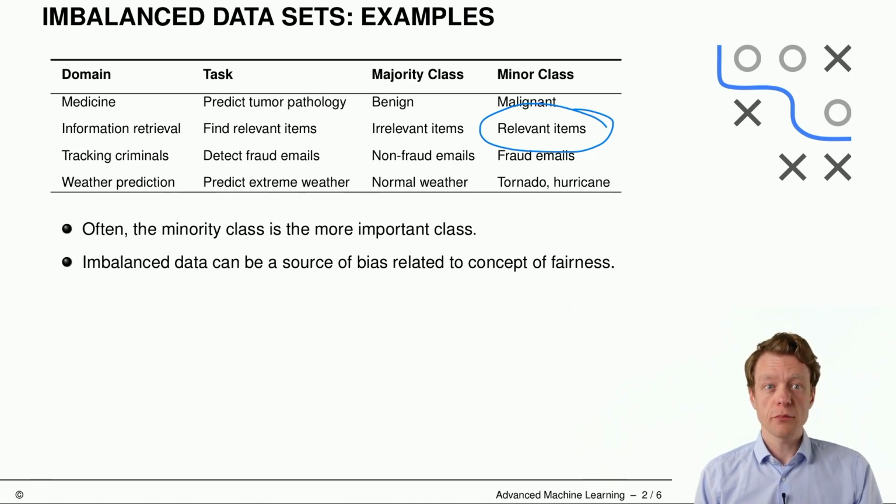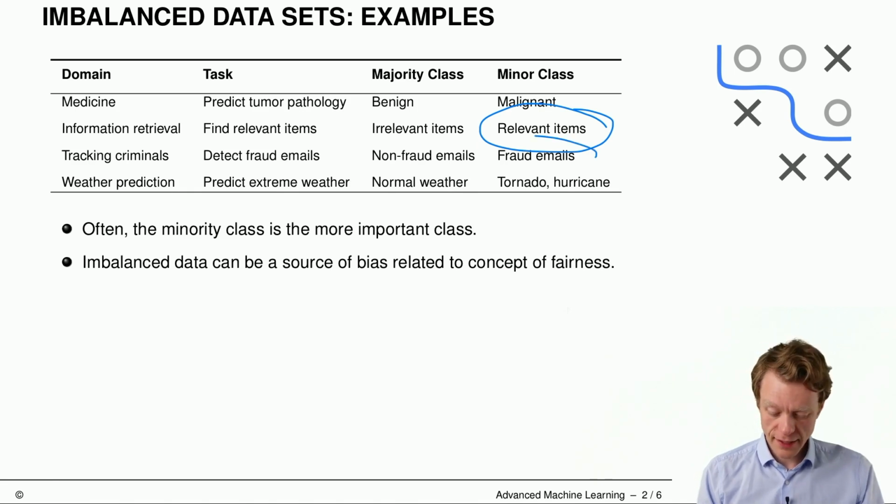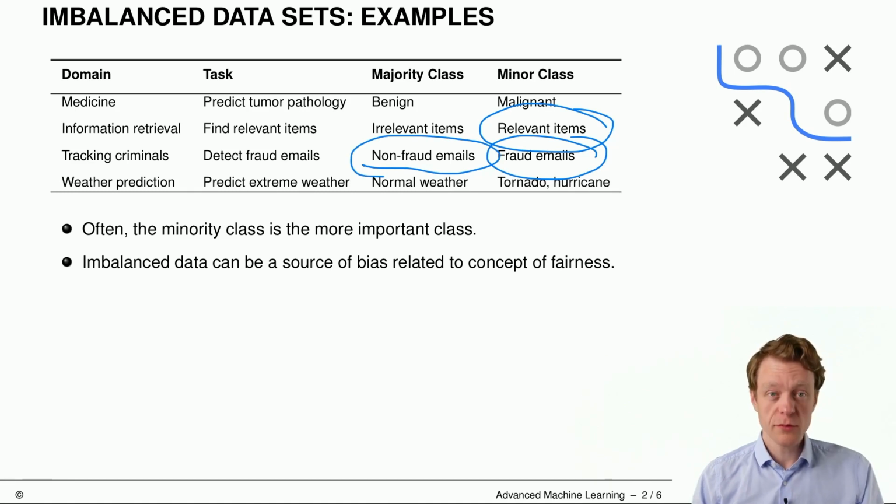And often the problem is that the important class is the class where we have just a few observations. For example, also in tracking criminals. So, for example, we want to detect fraud emails or other fraud cases, then the fraudulent cases are the minority class, and we have a really vast majority of non-fraud emails or cases.